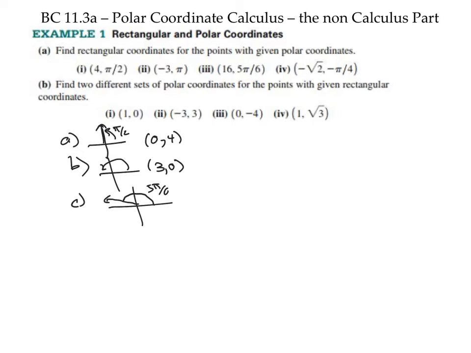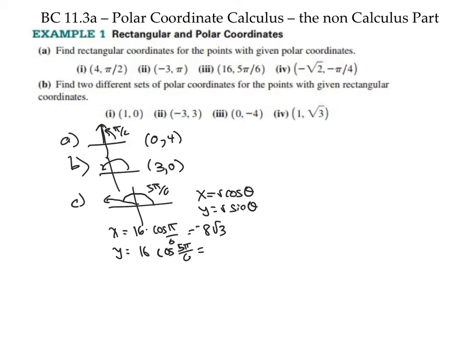And so we can use the conversion x is r cos theta, y is r sine theta, just like we did in trig, and we get x is 16 cos 5 pi over 6, which is negative 8 root 3, and y is 16 sin 5 pi over 6, and that's 16 times a half, or 8. So the point is negative 8 root 3, 8.